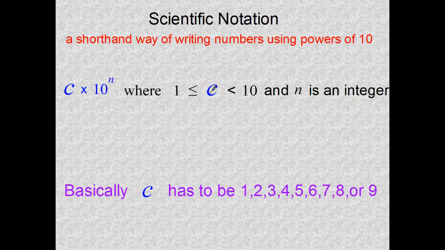So down here on the bottom, I wrote out, what must C be? Well, the C must be either 1, 2, 3, 4, 5, 6, 7, 8, or 9. It can't be 10. It can be 1, but it can't be 0. So it's got to be between 1 and 10. Like I said, it can also be equal to 1 if need be.